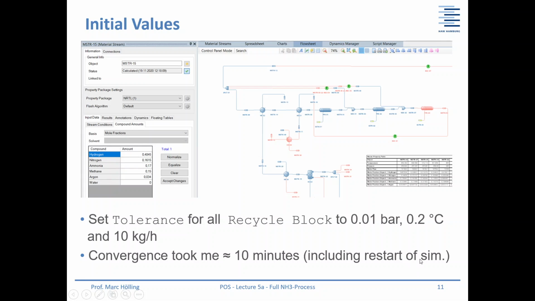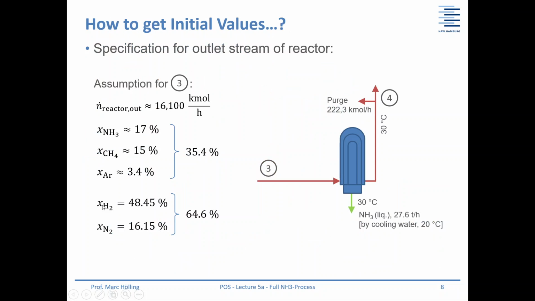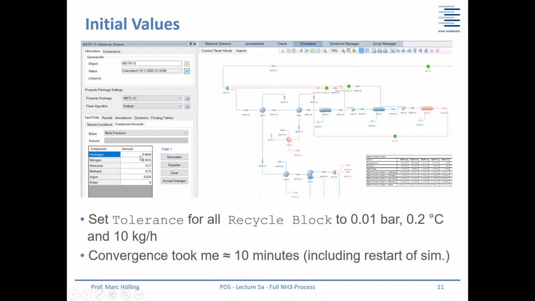and then hopefully after a while you should come up with a reasonable solution. Okay, so here, this is my material stream 15, and here I just entered the value that we had on the last slide. So these values I put in here, and these are the starting values for my simulation.